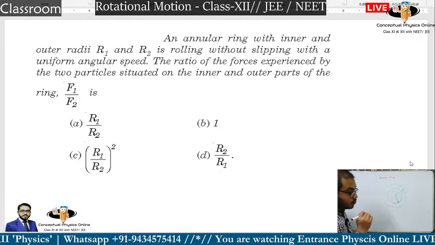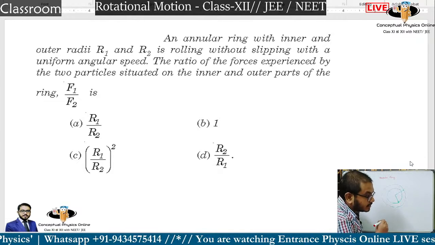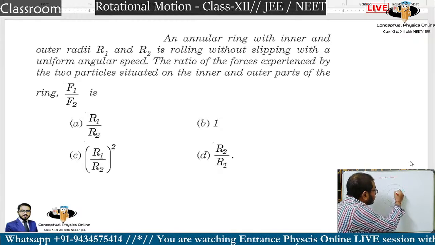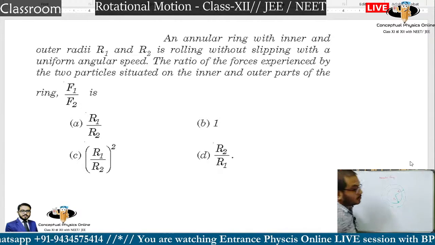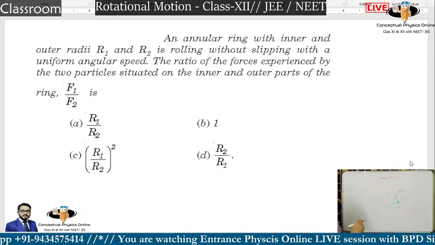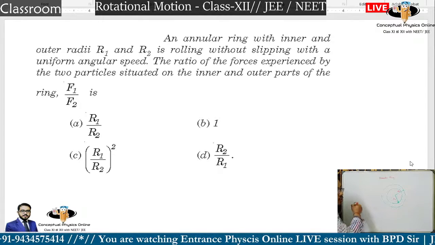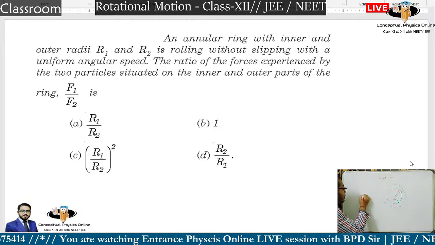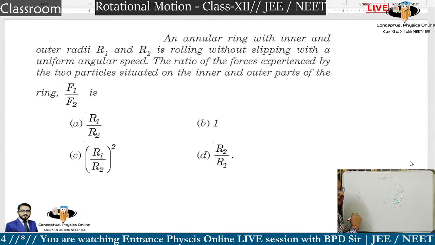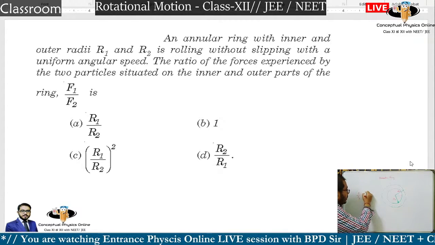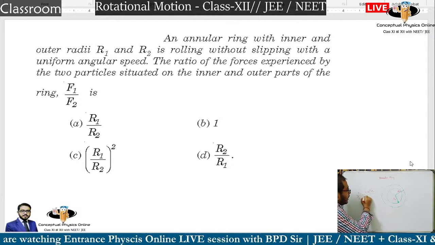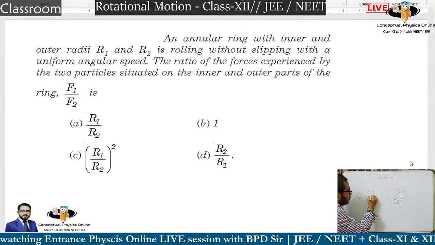So the force F1, that is inner radius, has been given as R1 and outer radius has been given as R2. So if we are going to find out F1 by F2, that will be the ratio of centrifugal force, that is m omega square R1 by m omega square R2.